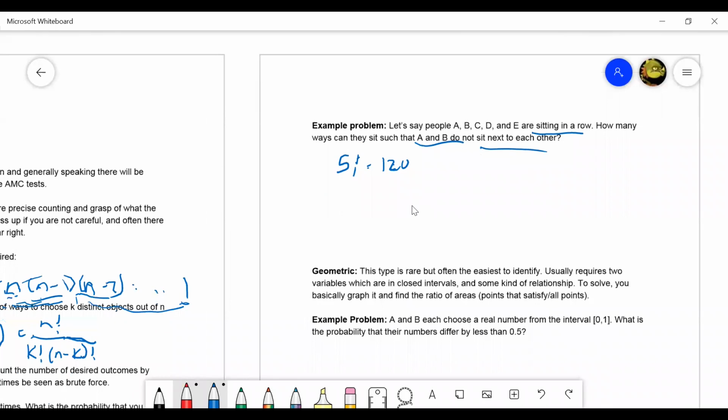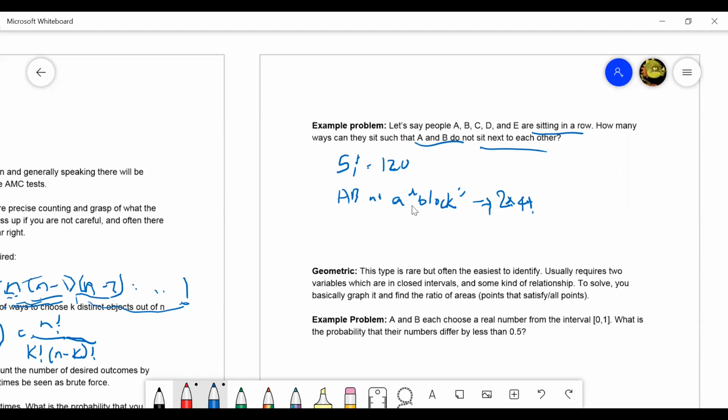And then for A and B to sit next to each other in a row, you can think of A, B as a block or a single person. So that would be 2 times 4 factorial ways for them to sit next to each other, with all 5 of them in a line. That's because if we consider A and B to be next to each other, then we can merge them together as 1 person.